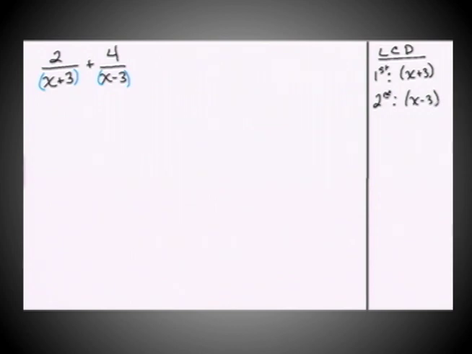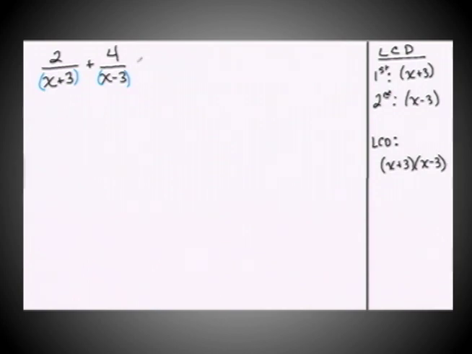So the process is to list all the factors that show up in any of the denominators. So my LCD for this particular problem is going to be x plus 3 times x minus 3. So that is what we're shooting for in the denominators of both of these expressions here.